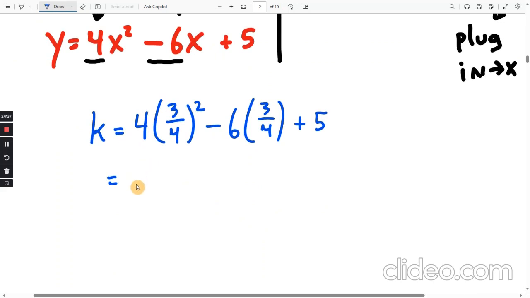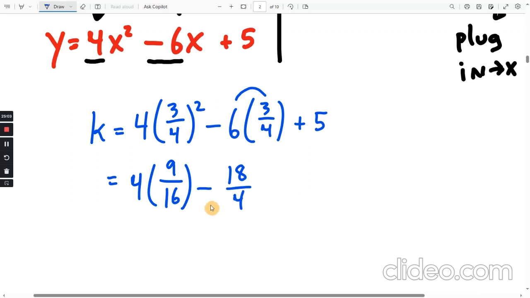We have the 4, and when you square a fraction, you square the numerator and denominator. So 3 times 3 is 9, 4 times 4 is 16. And minus 6 is a numerator, times numerator: negative 6 times 3 is negative 18, divided by 4.